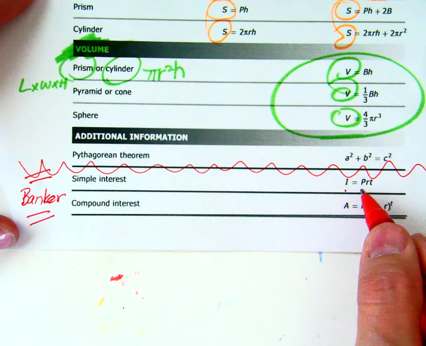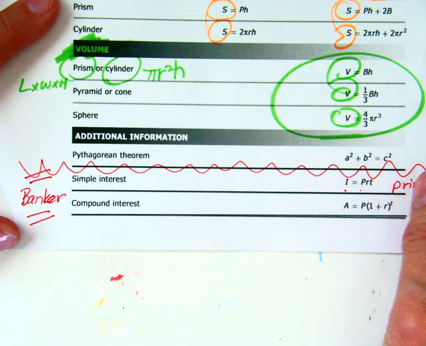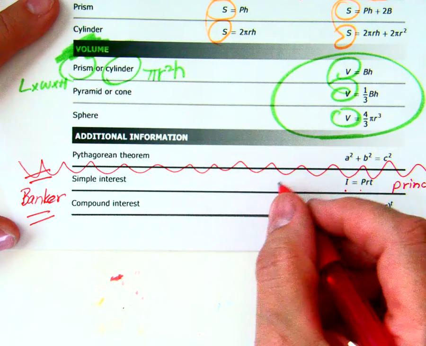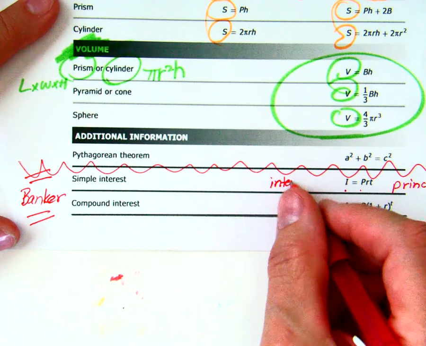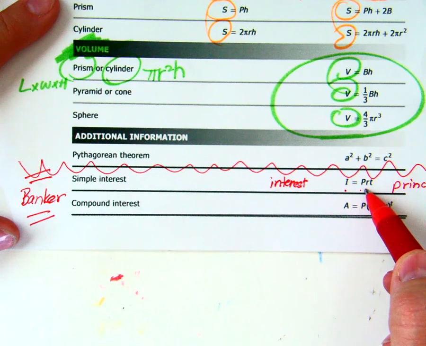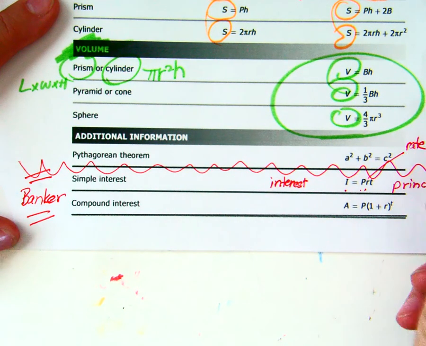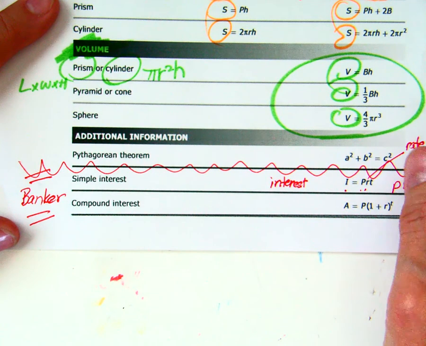Capital I for interest, capital P for principal. There's also a video on this. That means the amount of money that you start with. I is for interest, which is money that you earn on money. Watch the video. Rate is always a decimal, not a percent.